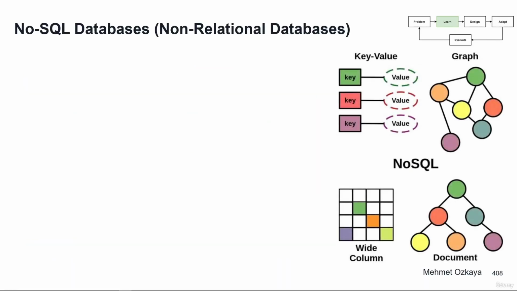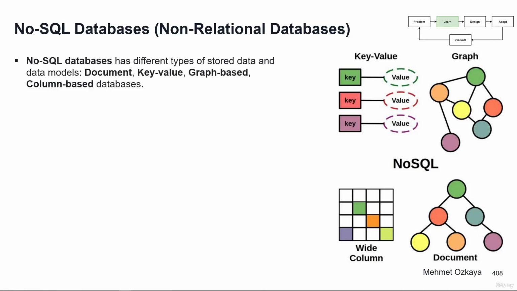Now we can learn about NoSQL databases, which we can also call non-relational databases. NoSQL databases have different types of stored data and data models. NoSQL databases are document, key-value, graph-based, and column-based databases.